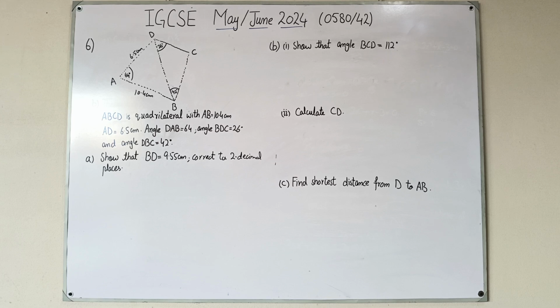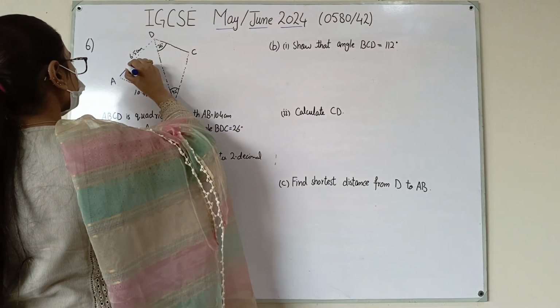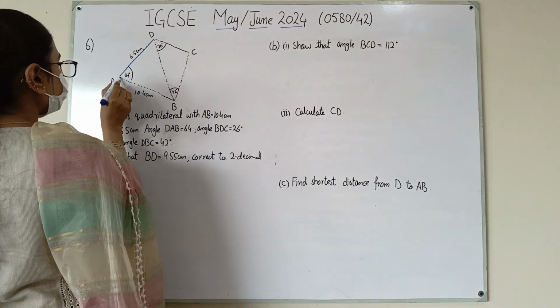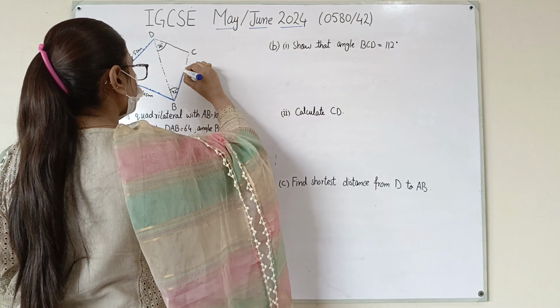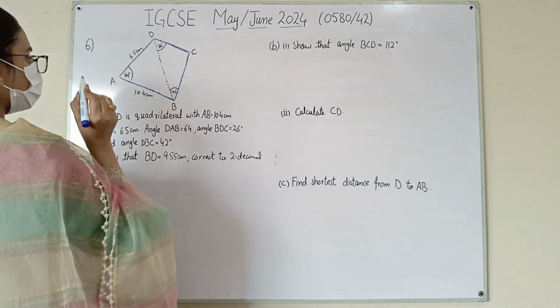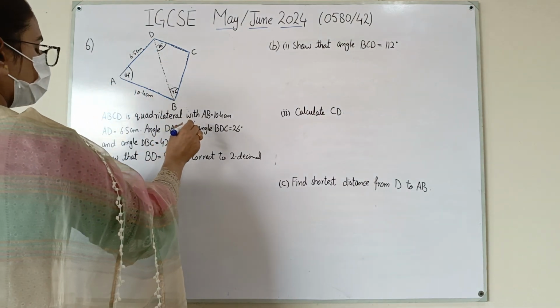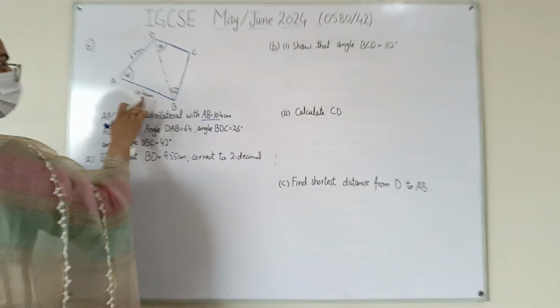Let's move toward question number 6. In this question he has given you a figure like this. ABCD is a quadrilateral, given by the examiner, with AB as 10.4, which is mentioned in the figure.